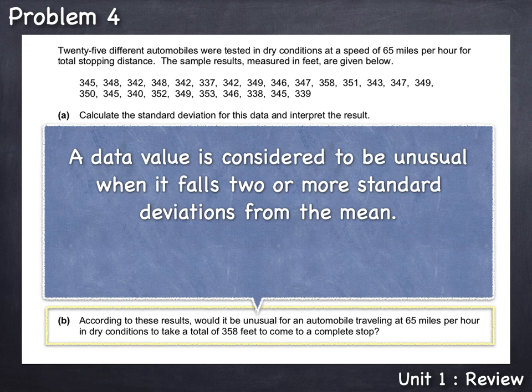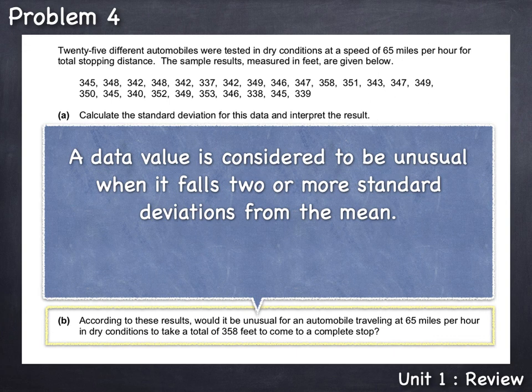So here we need to calculate the standard score for this data value, and then the answer would be yes, it is unusual if that standard score is 2 or more. That is either +2 or higher, or -2 or lower. But if the calculated standard score falls somewhere between -2 and +2, that means it falls less than 2 standard deviations away from the mean. The answer would be no, it's not unusual.